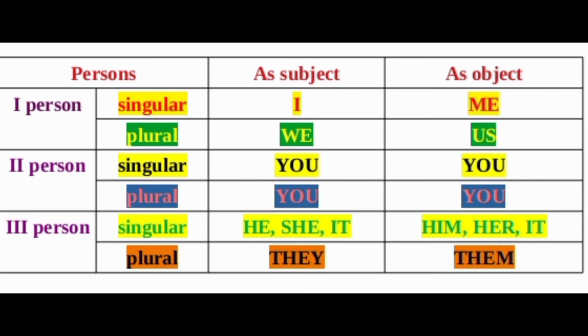Second person in plural form, you as subject and you as object. Third person in singular form we can use as subject he, she, it, and as object we can use him, her, it. The same third person in plural form we can use as subject they, as object them.